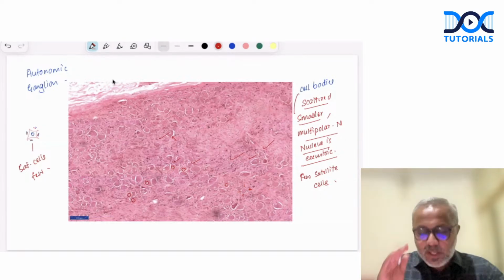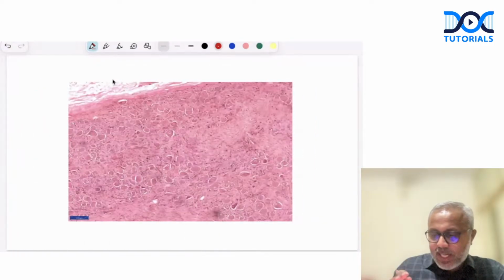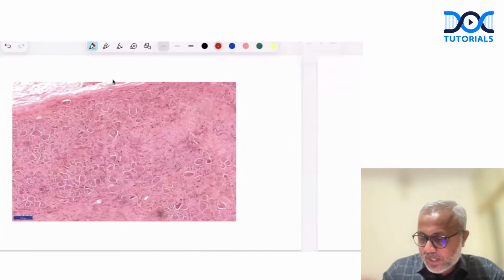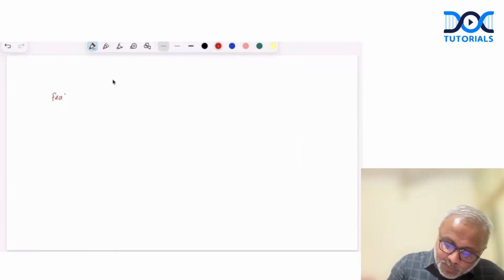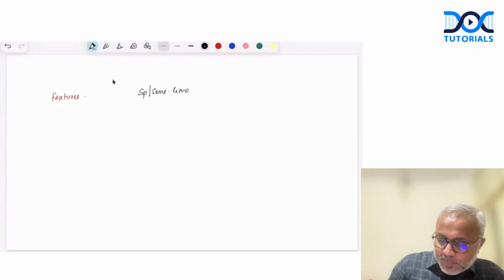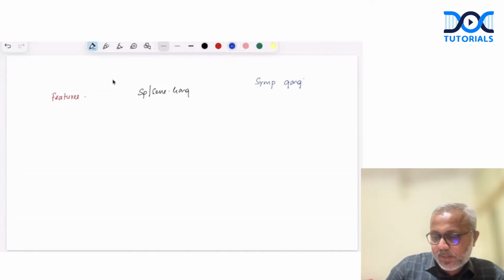Now what we'll do is, we'll quickly try to summarize the difference between the two. Okay, so let's write the features on one side, and here let's talk about the spinal or the sensory ganglion, and here we'll talk about the sympathetic ganglion.